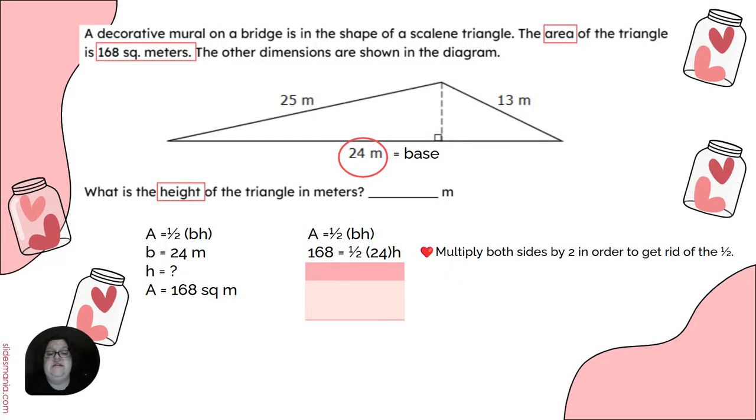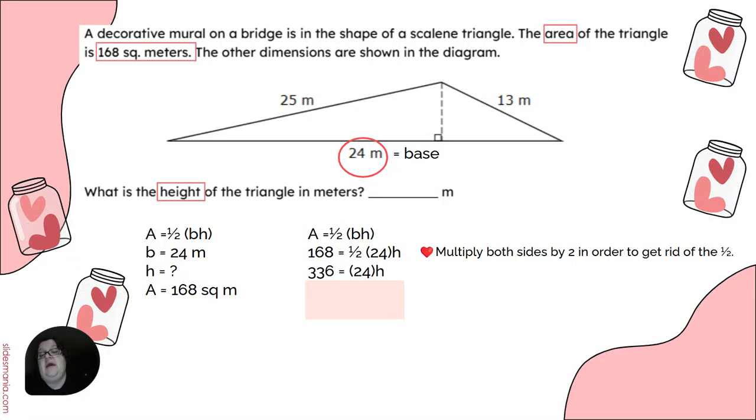So the first thing I need to do is I need to get rid of that 1/2. And in order to do that, I'm actually going to multiply both sides by 2. When I multiply both sides by 2, I end up with 336 equals 24H. So now this is an equation that I'm used to solving.